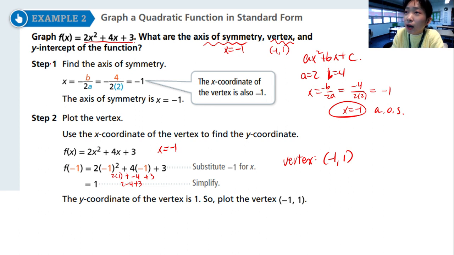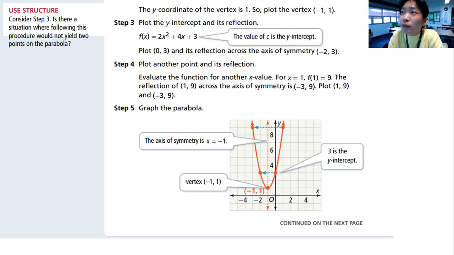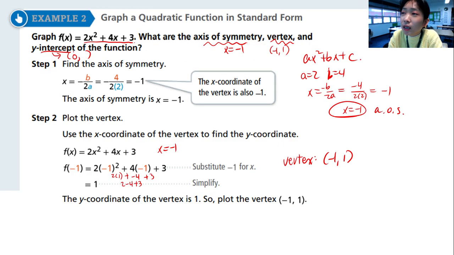Now we want to figure out the y-intercept of the function. By definition, the y-intercept is when x is equal to 0. So step 3, we're going to plot the y-intercept and its reflection. First, we plug in 0 for x.